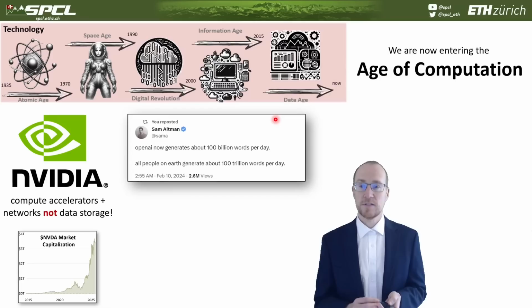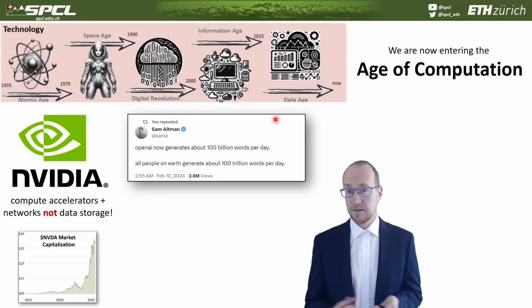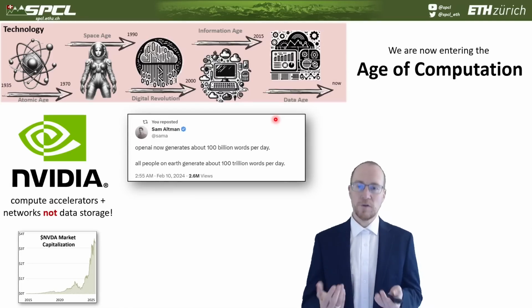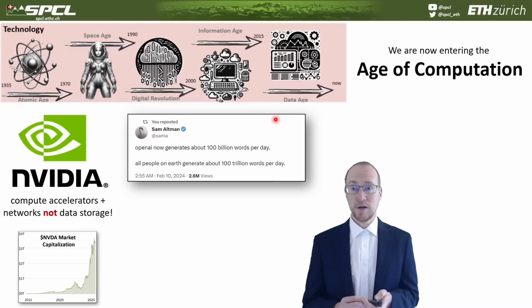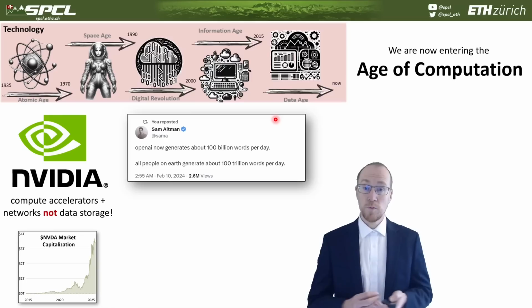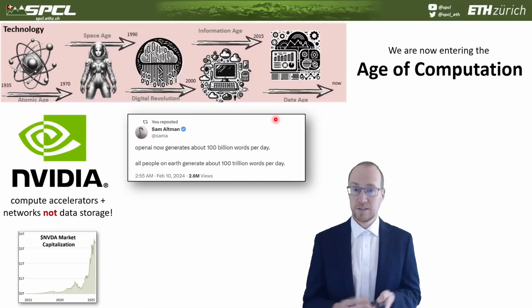Another piece of evidence is basically Sam Altman saying, and he said that nearly a year ago, that OpenAI generates about 100 billion words a day. All people on the planet speak about 100 trillion words, so just 1,000 times more. That was a year ago. The adoption of OpenAI and many other AI models, large language models, has been rising exponentially since then. It's been very rapidly growing.